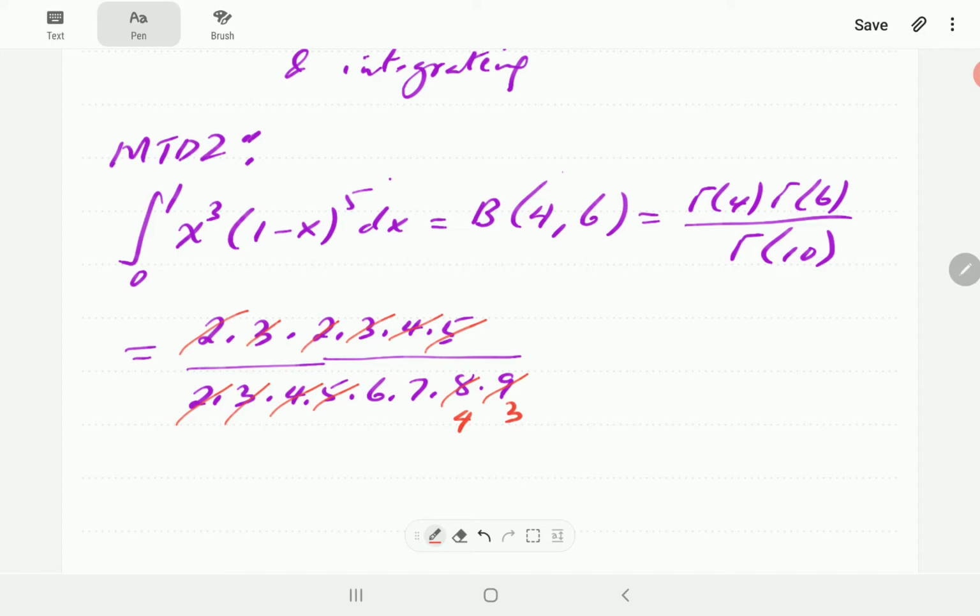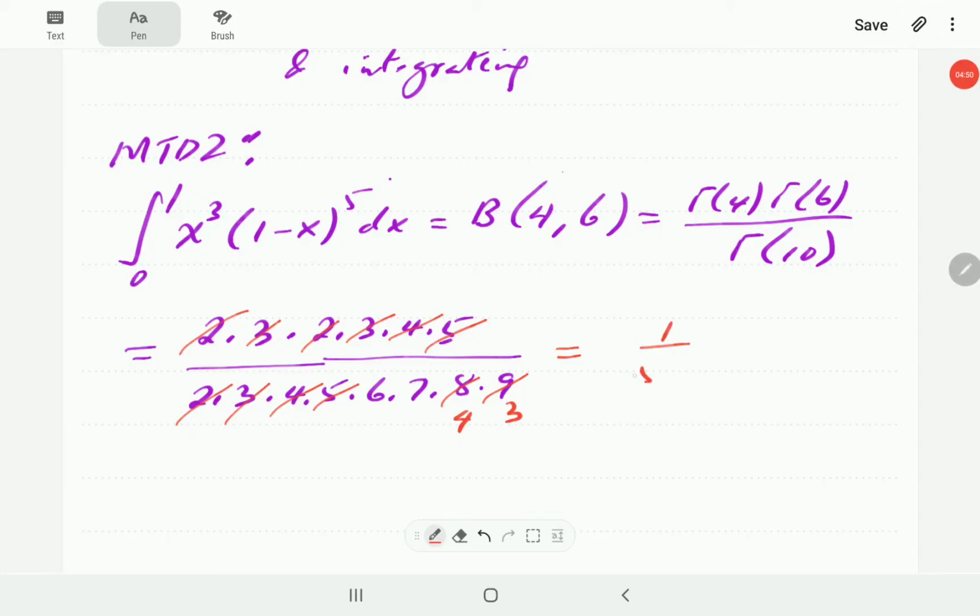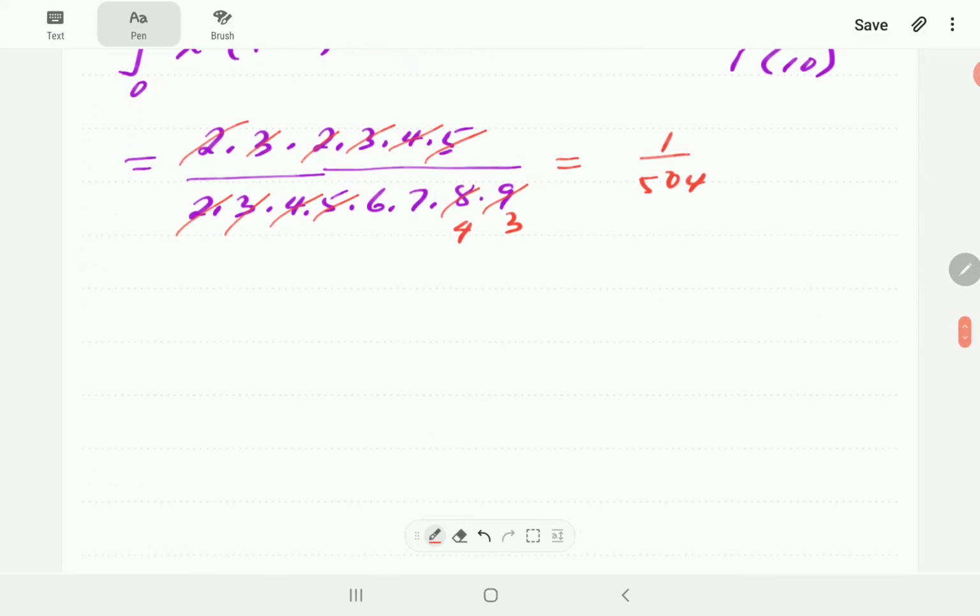So in the numerator we now have 1. In the denominator we have 12 times 42. So this is going to be 1 over 504. So that's part A. I'm going to go to part B.